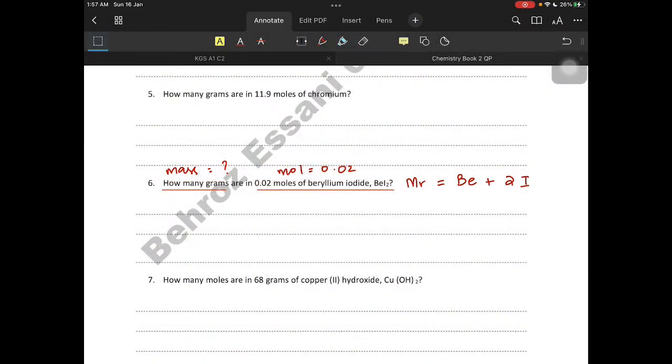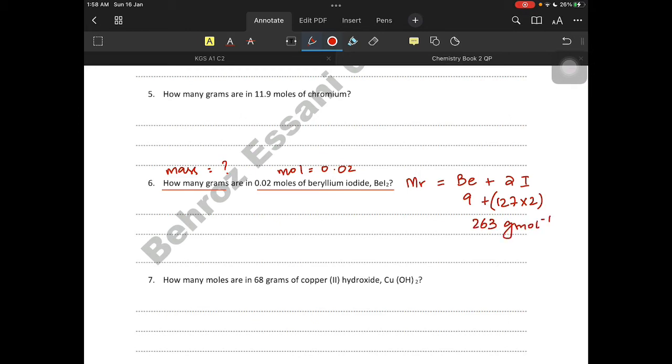Beryllium has a mass of 9 units, and each iodine has a mass of 127 units. So 127 times 2 plus 9 gives us 263. So this is the gram per mole molecular mass of beryllium iodide.